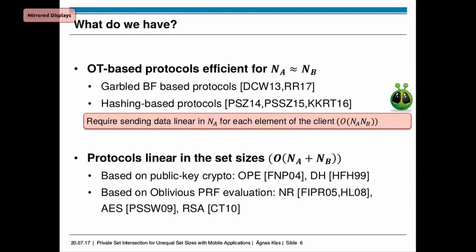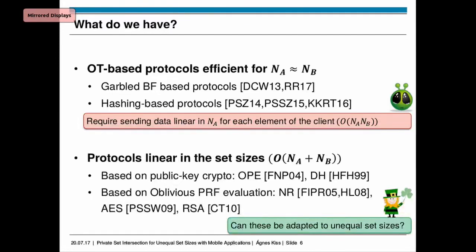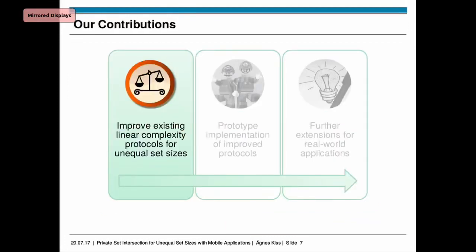However, they perform much better in this particular scenario when we want to have unequal set sizes. So we looked at which protocols that are linear we can adapt to our scenario. And we see that except one of them, where the client needs to perform too much computation, so nonlinear computation, we will be able to adapt all of these to our unequal set sizes scenario.